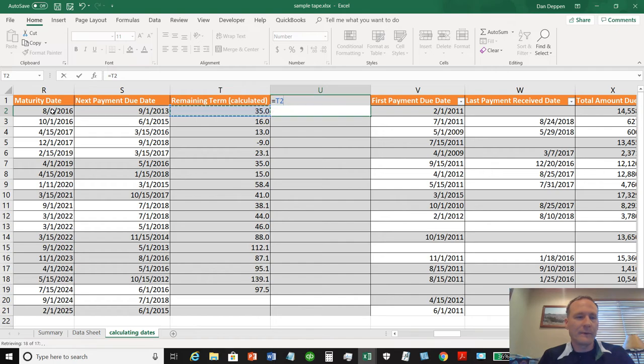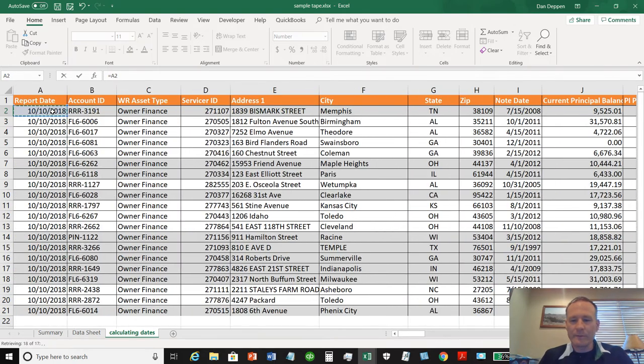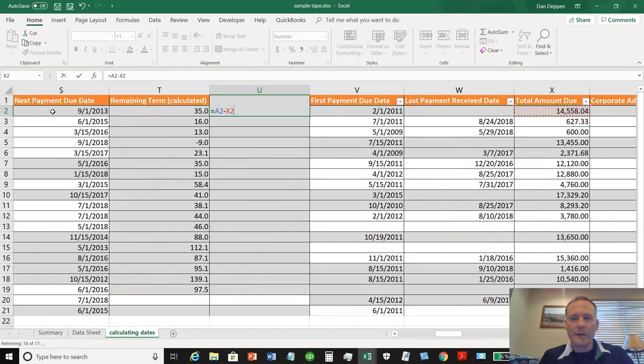Actually, let me just do it the other way. Between the date it was run and the due date. We've got 1,865 days behind. Then we can turn that into a number of months by dividing by 365 divided by 12. So this is 61 months behind.